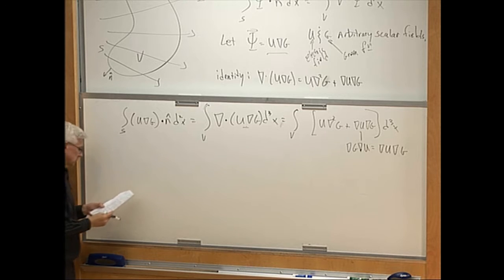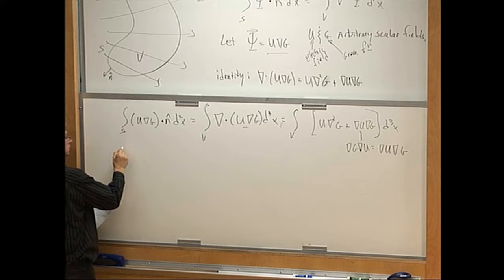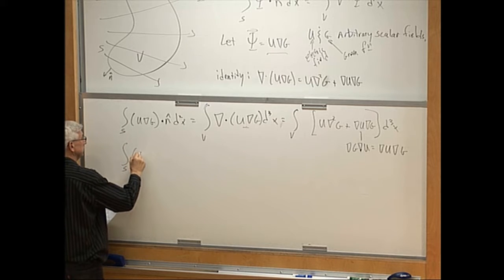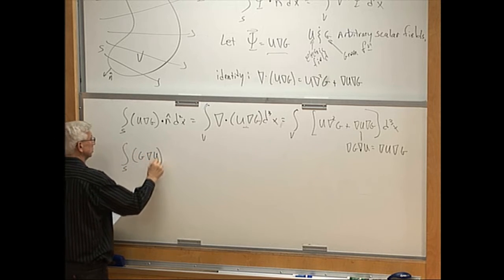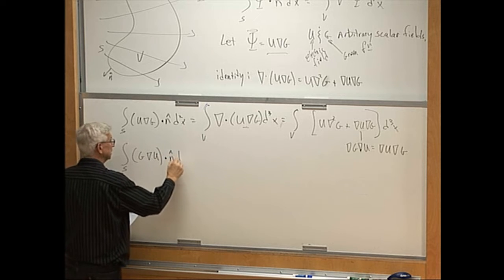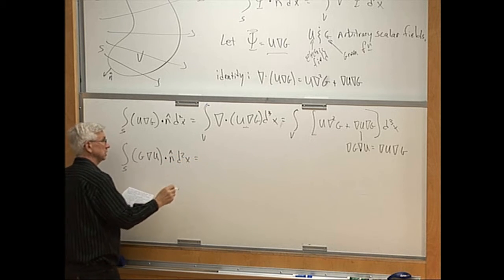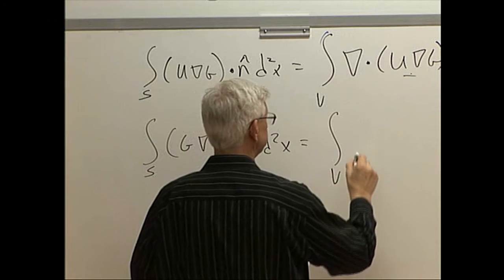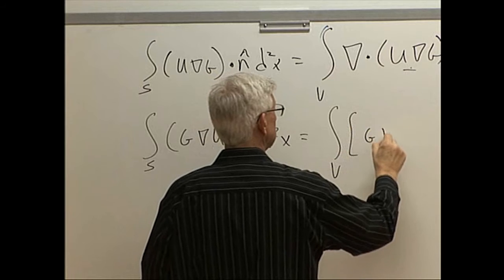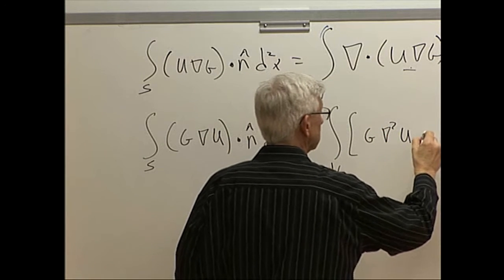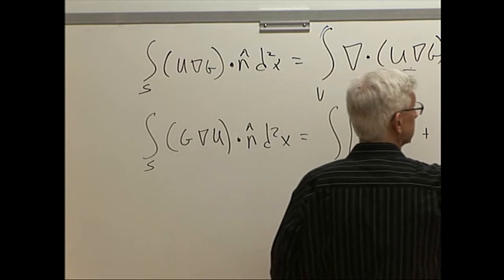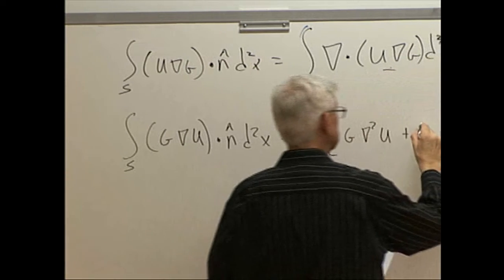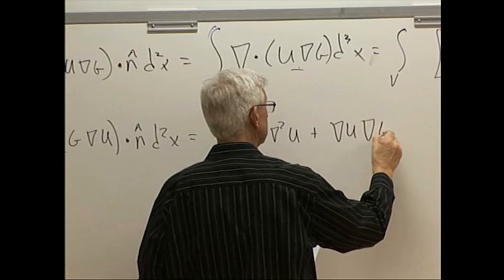Okay, so just reversing there, we have the integral over the surface of g del u dot n hat d squared x is equal to the integral over the volume of g del squared u plus, it could be del g dot u, but I can also write that as del u dot del g.